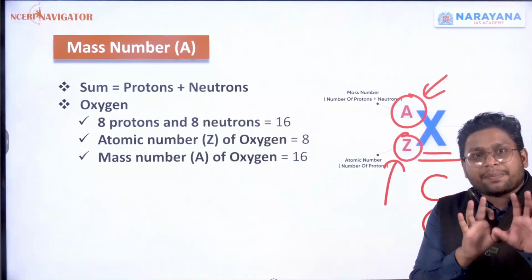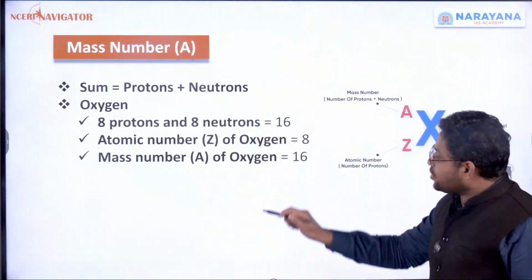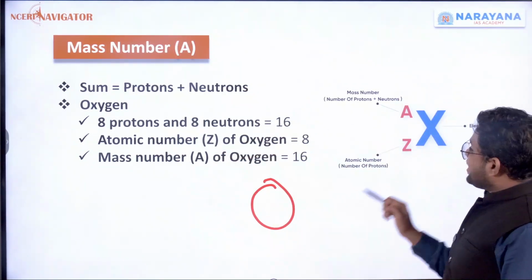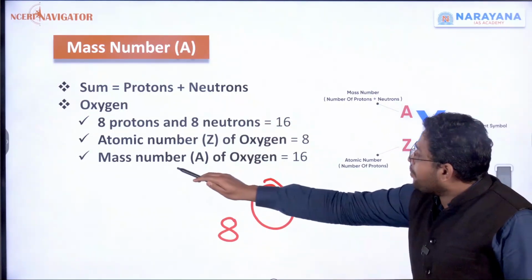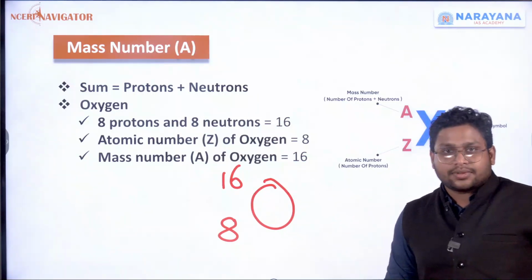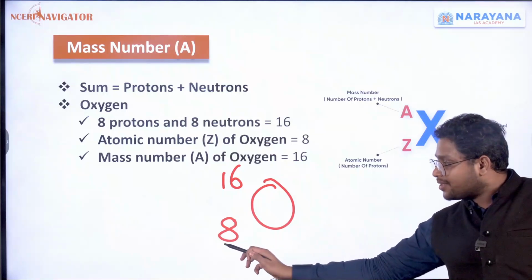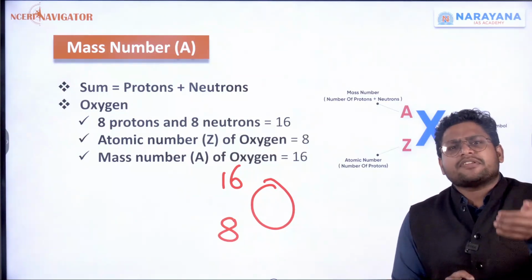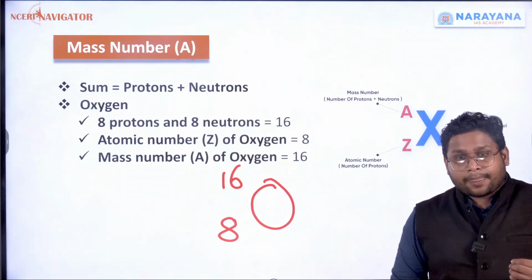This is how we represent it simply. So if I have to take the case of oxygen, I'll write O, then atomic number, that is Z. I'll write atomic number 8 over here, and mass number A. So here I'll write 16. This is how I represent oxygen. Its atomic number is this, its mass number is this. And now I hope you understand the difference between atomic number and mass number. Clear?